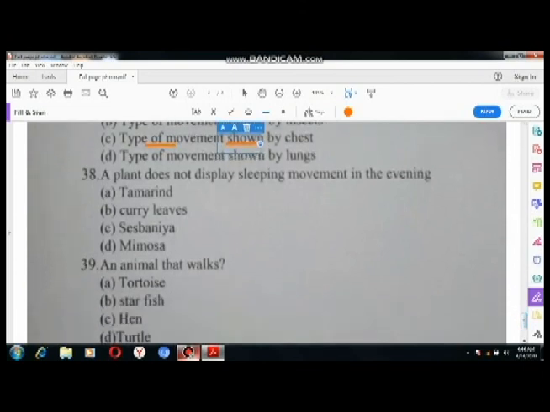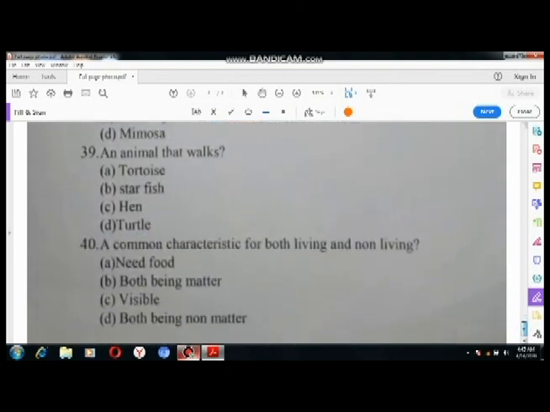Tamarind, sesbania and mimosa display sleeping movements in the evening. So answer B, curry leaves do not display sleeping movements. And animals that walk, a simple question. A hen shows locomotion of the walking type. A common characteristic of both living and non-living things: living things and non-living things both are matter. Answer B.